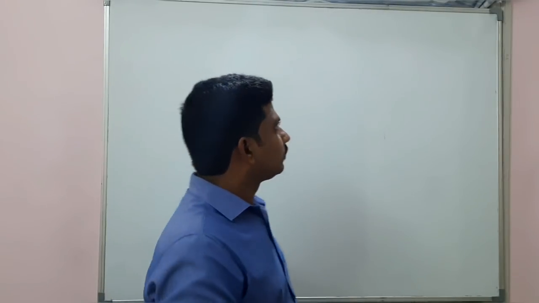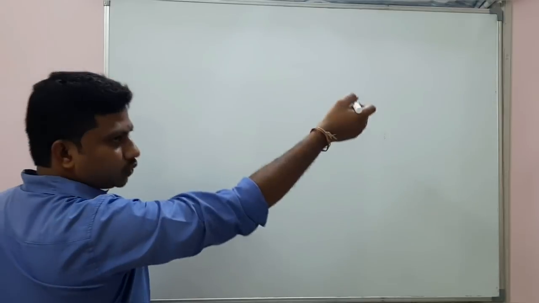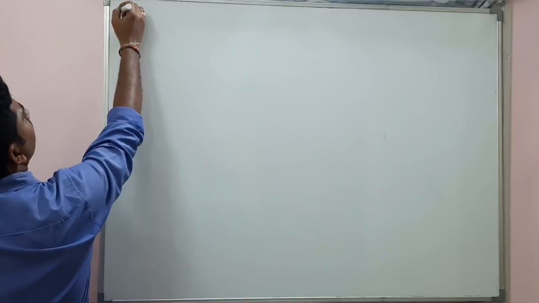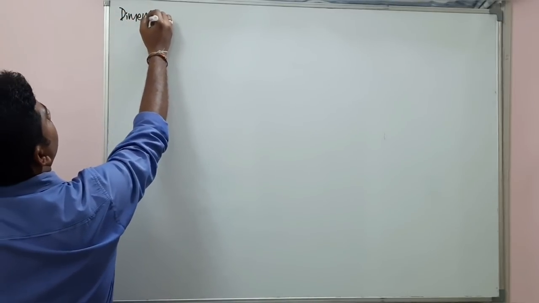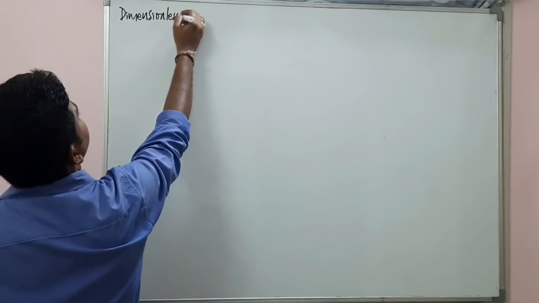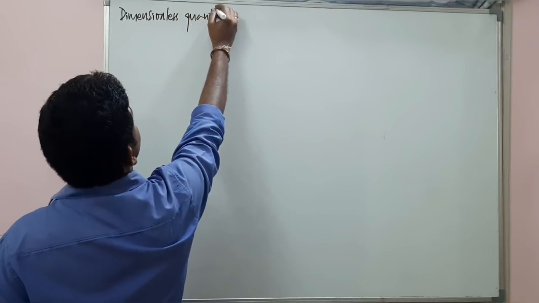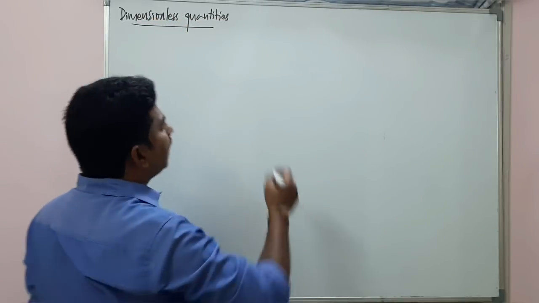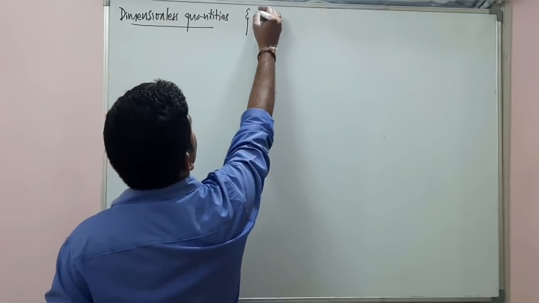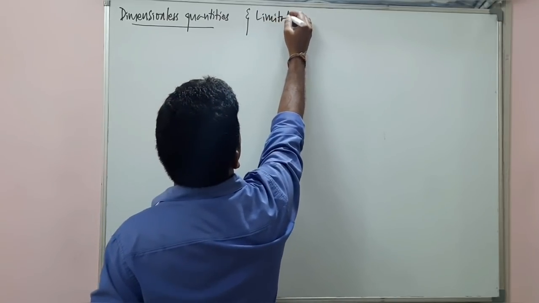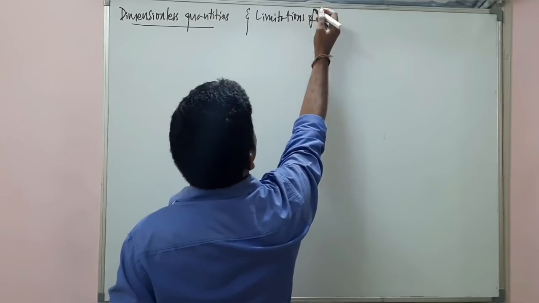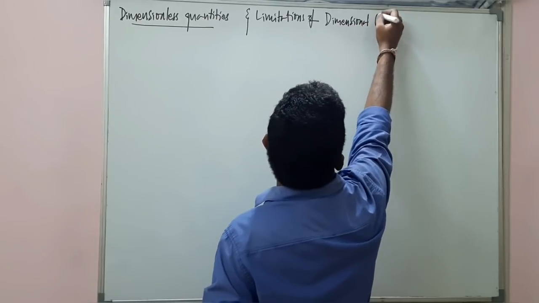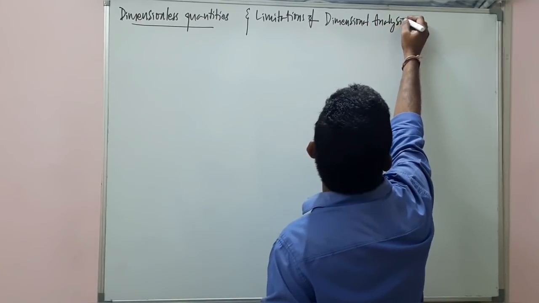Let's see the two important things we are going to discuss in this slide. Number one is dimensionless quantities, and number two is limitations of dimensional analysis.